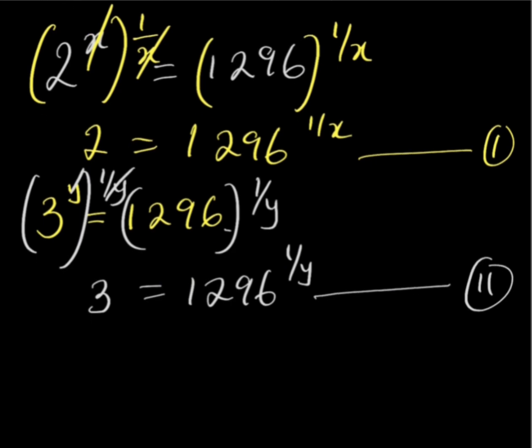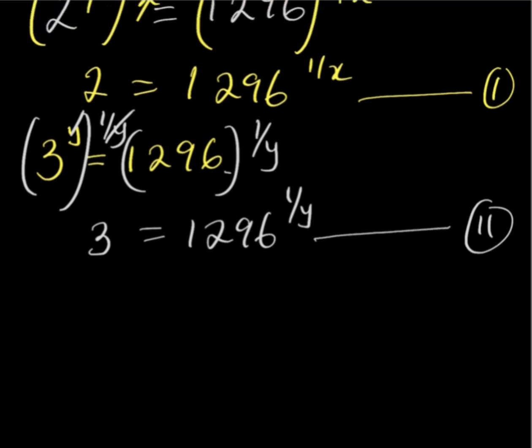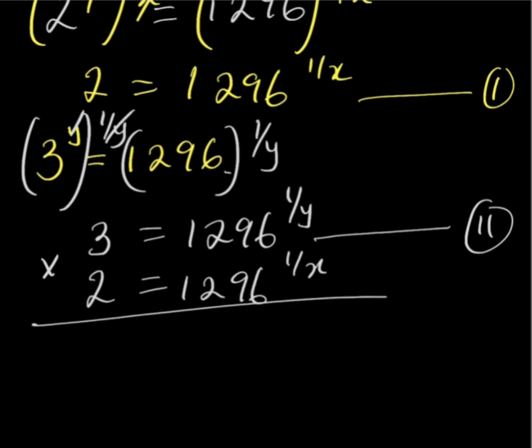Now, what if I multiply equation 1 and 2 together? Equation 1 says 2 = 1296^(1/x). If I multiply the two equations, 3 times 2 is 6.